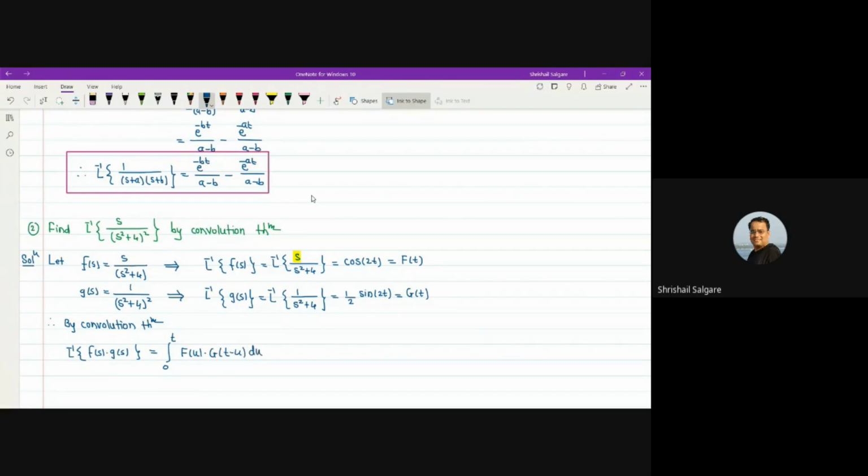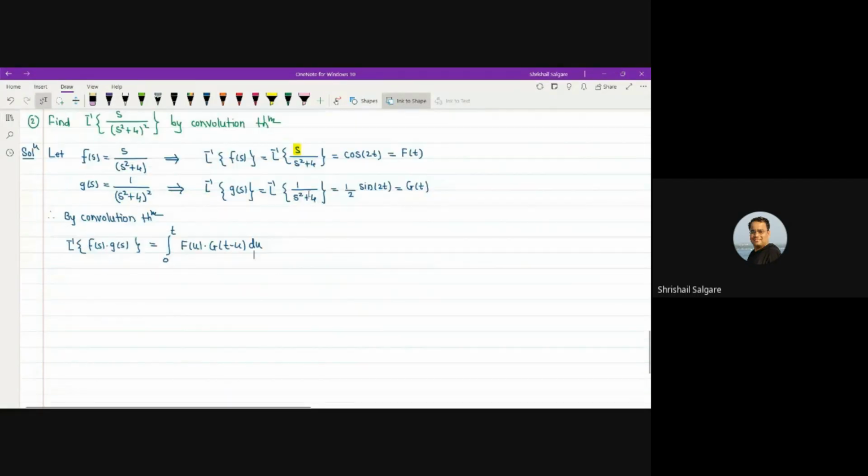The same result I will apply, because both are the same; either first or second you can apply. Therefore, L inverse of the product, s upon s square plus 4 into 1 upon s square plus 4, becomes integral 0 to t.